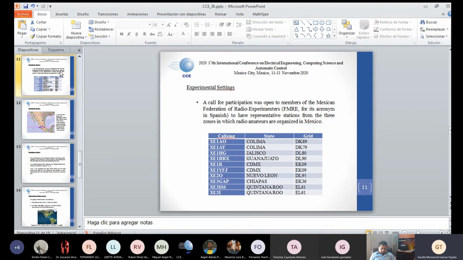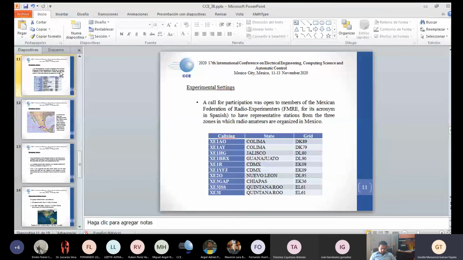Then, what was the idea of the experimental settings? A call for participation was opened to members of the Mexican Federation of Radio Experimenters to have representative stations from the 3 zones in which radio amateurs are organized in Mexico.